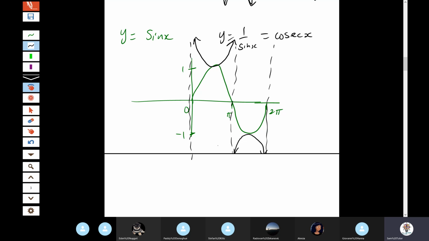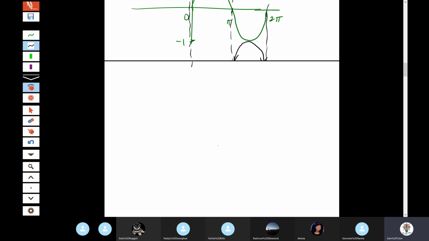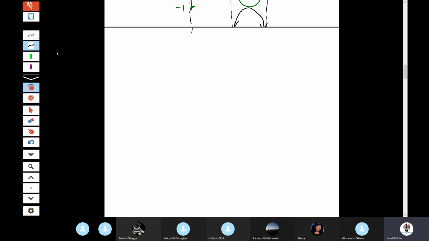The tip's gone. Okay. That's one cosec. So now let's do multiple cosecs. Okay, here we go.